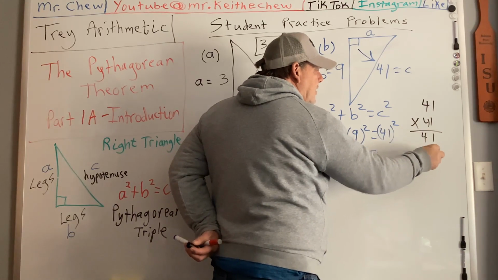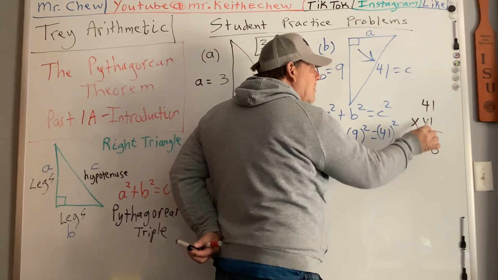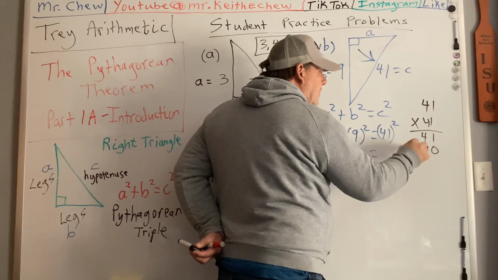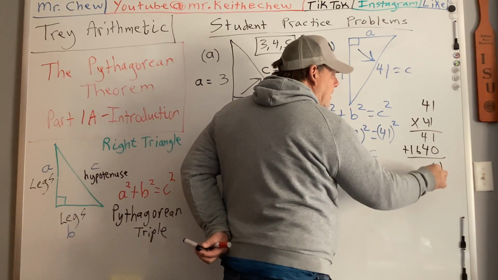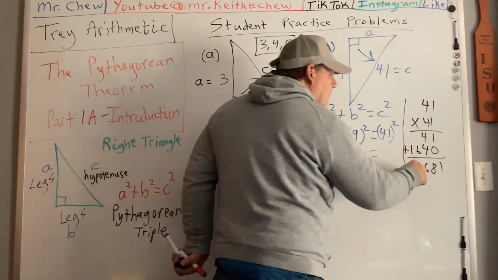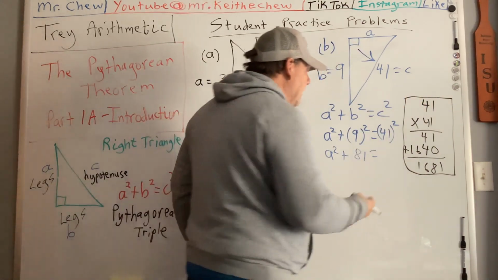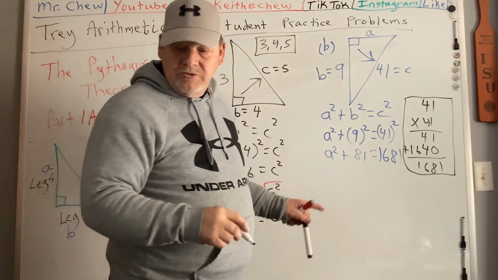I put a 0 here to hold that place since I've already used that first one. 4 times 1 is 4. 4 times 4 is 16. And now I add down: 1, 8, 6, 1. So the answer to 41 squared is 1,681. Now this is a two-step equation.